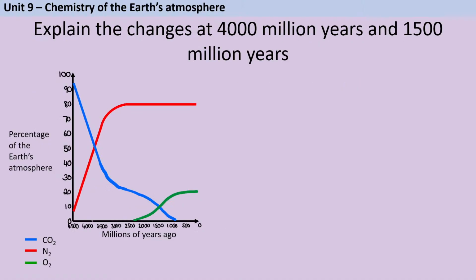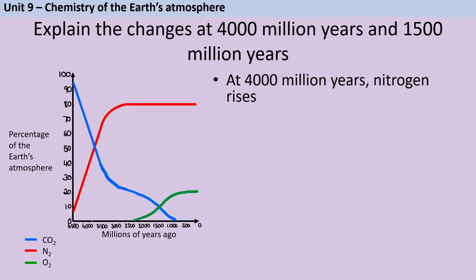So quite often you get little database questions like this talking about how the levels of these gases have changed over time. Obviously you're not going to have colour, but you'd have dotted lines or whatever. So we talk about the fact that for the first chunk of time the nitrogen is rising, and that's because of those volcanoes giving out lots of nitrogen.